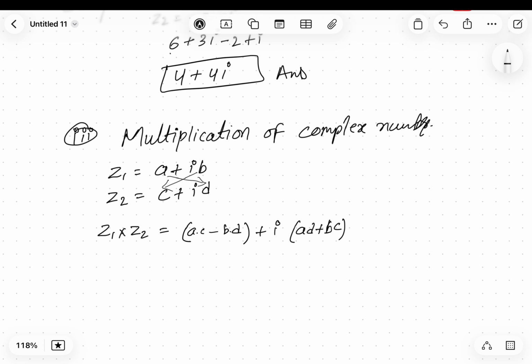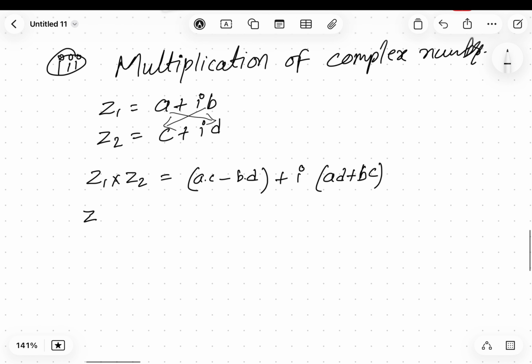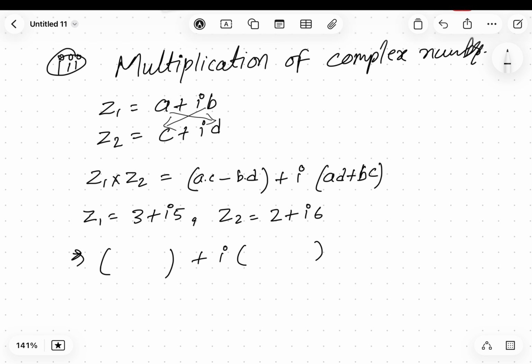Okay. Now let's take one example where we will check it practically. So I have z1 equal to, again this example is from the NCERT, z1 equal to 3 plus i5 and z2 equal to 2 plus i6. So here we will do first 3 into 2, that is 6, minus 5 into 6, that is 30.